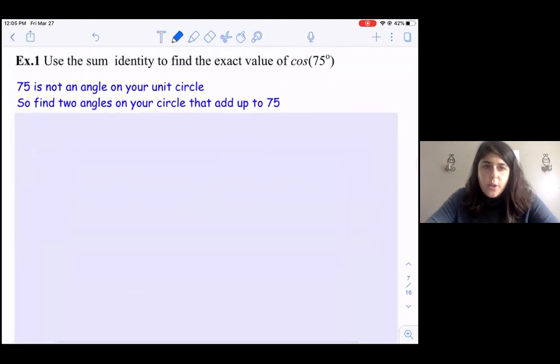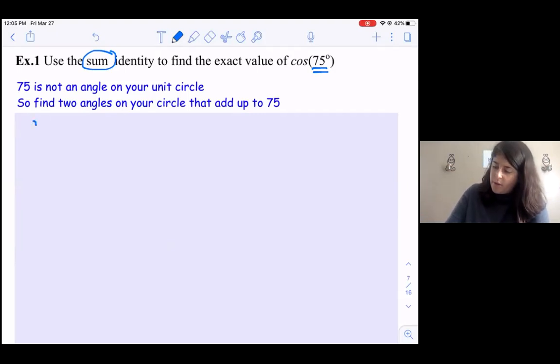Okay, so we're going to use the sum identity to find the exact value of cosine of 75 degrees. 75 degrees is not on our unit circle, so that's why we have to use a sum identity.